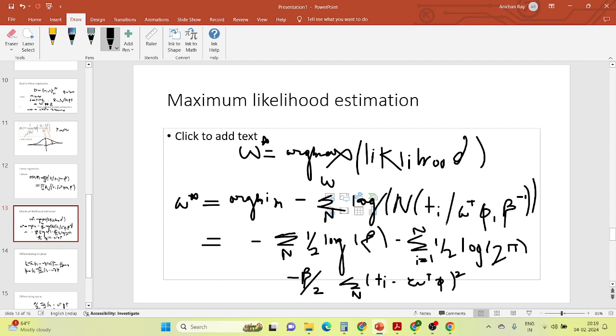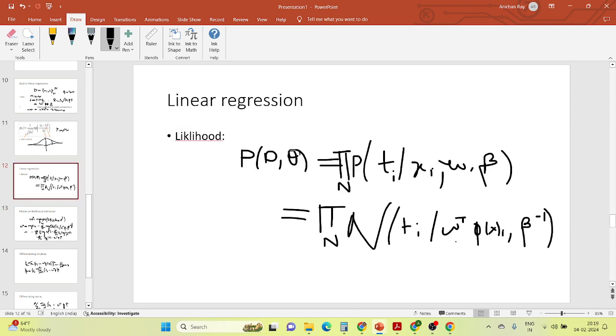So, we need to maximize the likelihood. What does it mean? Likelihood is this, okay? Maximizing the likelihood means that we are trying to maximize the occurrence of Ti for some values of x.